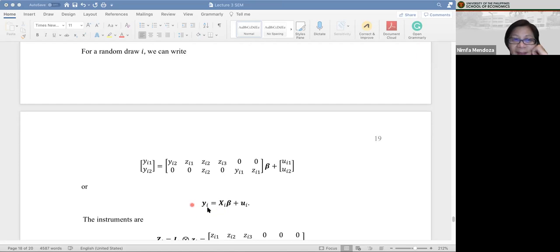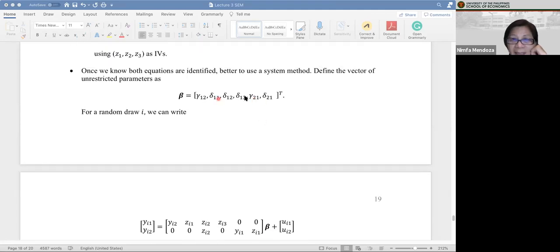On the left hand side we have y sub i, which is really a 2 by 1 vector. Beta is a 6 by 1 vector of parameters that you would like to estimate.